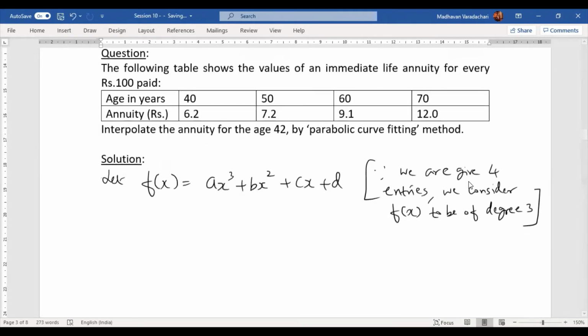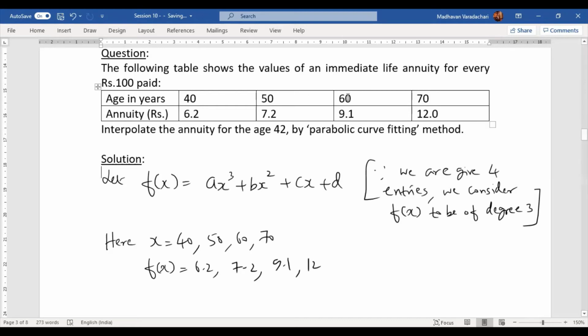So here they have given us x values 40, 50, 60 and 70. The f of x values they gave us are 6.2, 7.2, 9.1 and 12. So the first row is considered to be x, the second row is considered to be f of x.